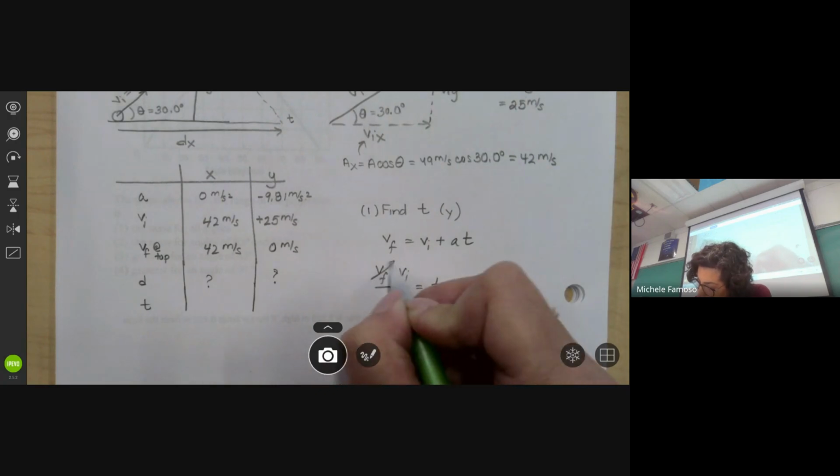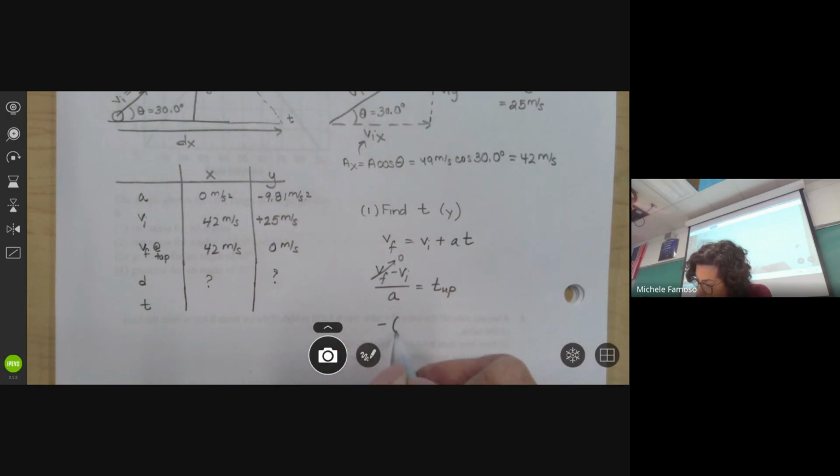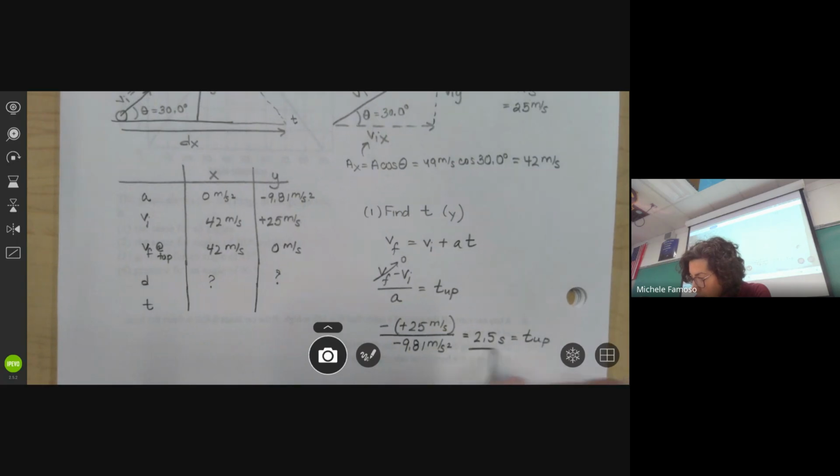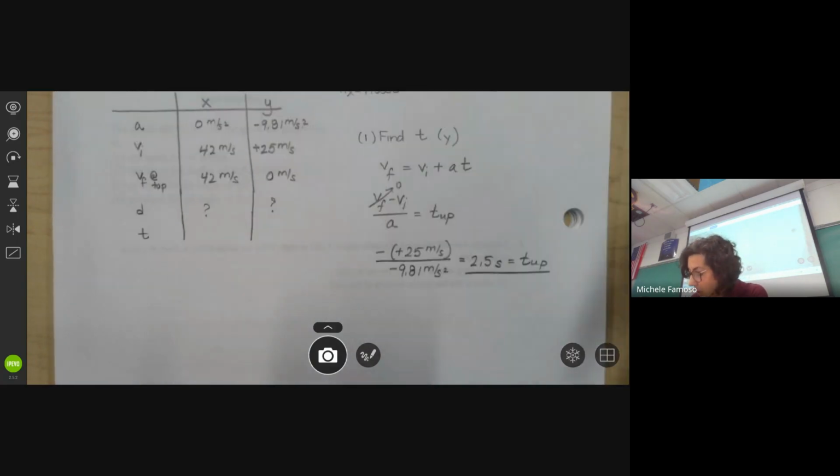So that is 0. Negative of positive 25 meters per second divided by negative 9.81 meters per second squared tells me that the time up is 2.5 seconds. But it also tells me that my total time, which is double that, is 5.0 seconds.